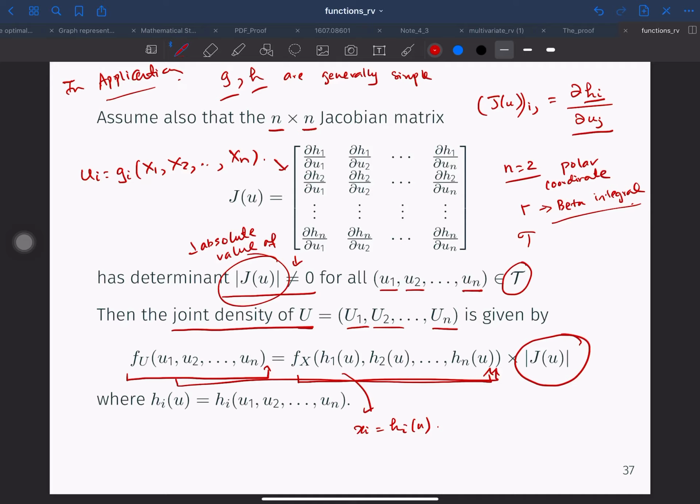So generally speaking, we do not do it for big n, we usually do it for small n. And if n is big, then usually we will have to have very special structure, as we see in a few examples later in the slides. So this general result is usually never applied in general. Like I said, g and h are generally simple functions.